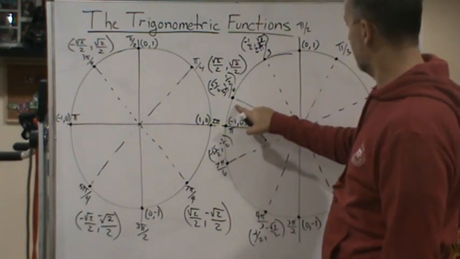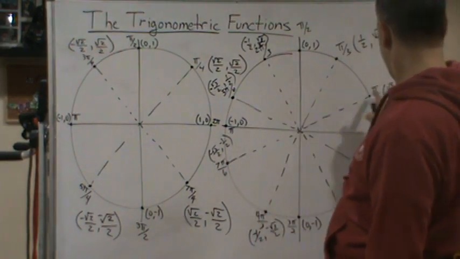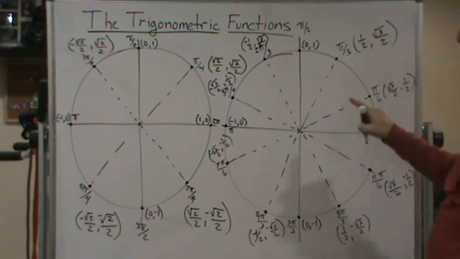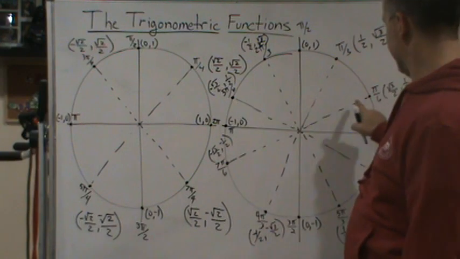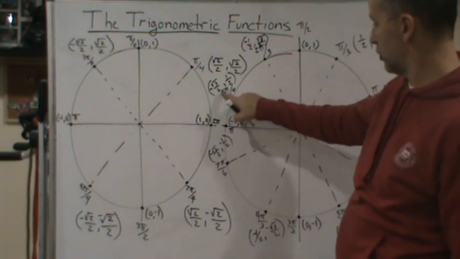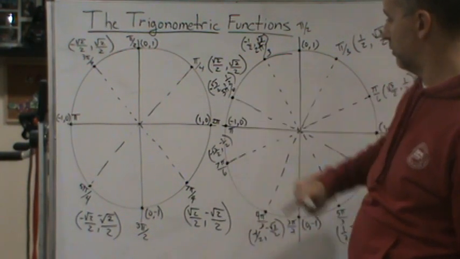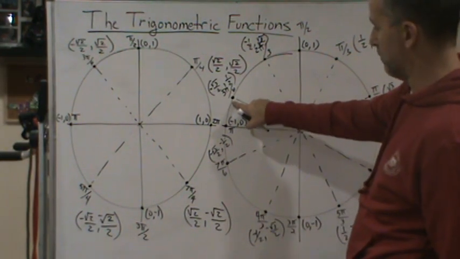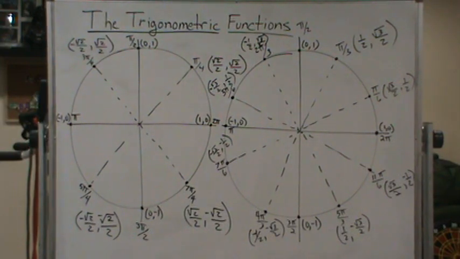So this point here is negative square root of 3 over 2, comma, positive 1/2 for the angle of 5 pi over 6. Okay. And did I do the other one correctly? Yes, I did. So all the ones, I believe, are correct.